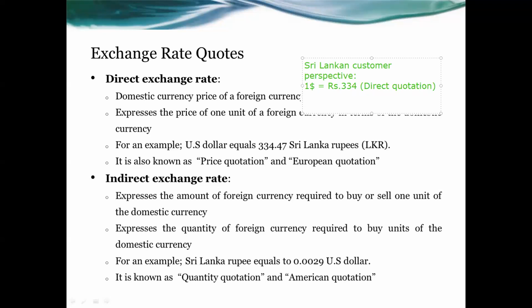But if you look at it from the US citizen perspective, I'm taking the same thing, US dollar equals 334 rupees. Now what is this? For a US citizen, his or her home currency is the dollar. So it expresses the amount of foreign currency required to buy or sell 1 unit of domestic currency.